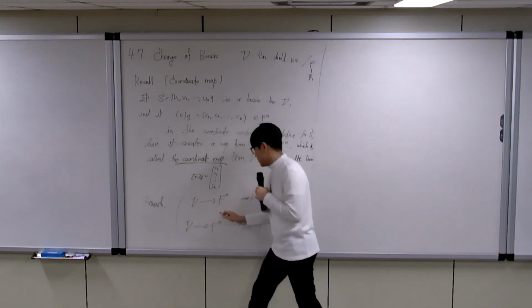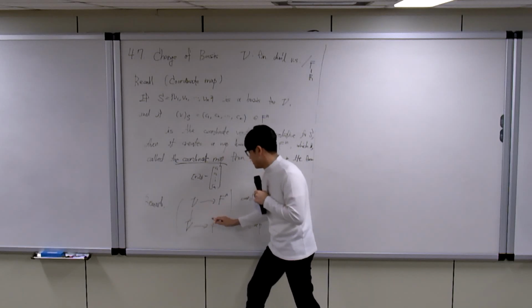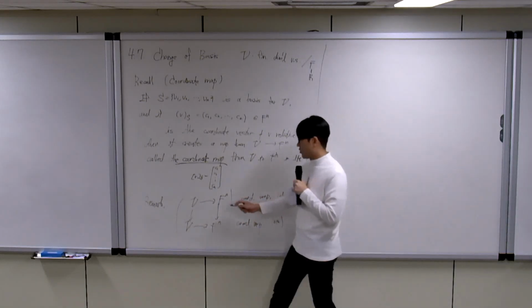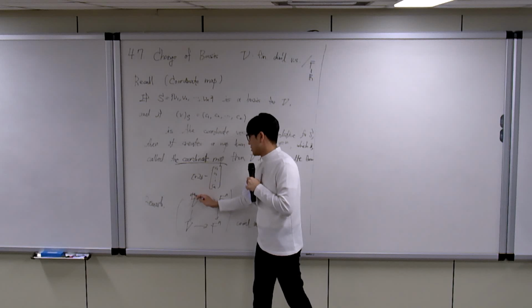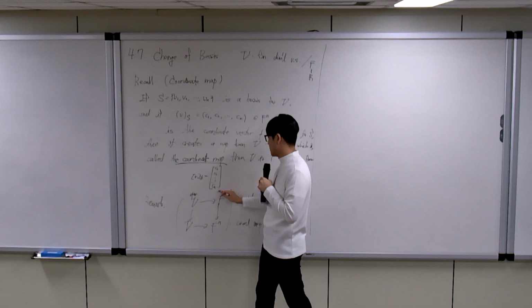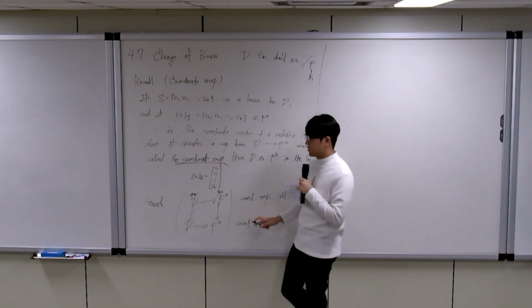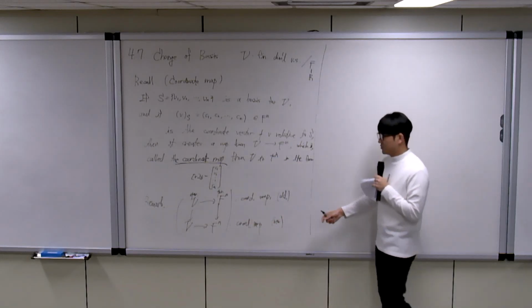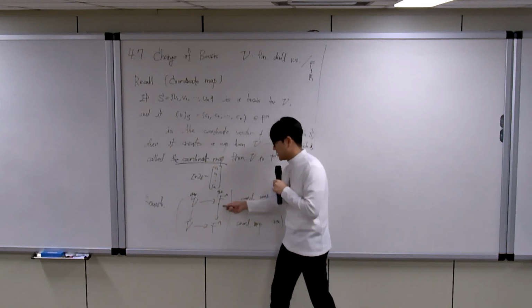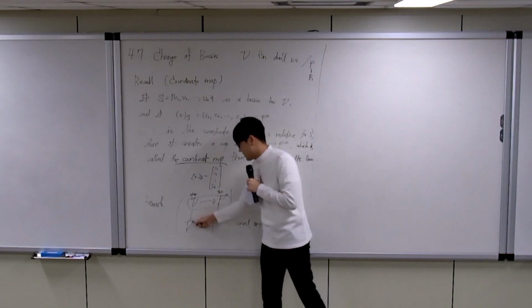Then we need some sense of map or operation from F to the n to F to the n, and so we want it to work the same from this map and from this map.